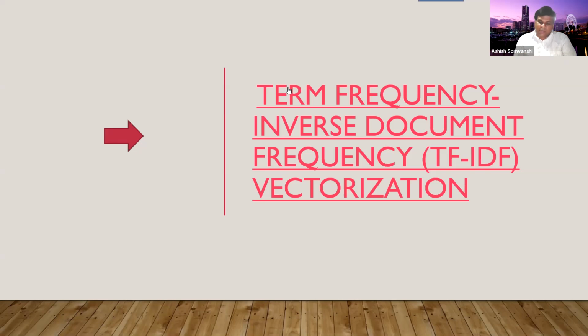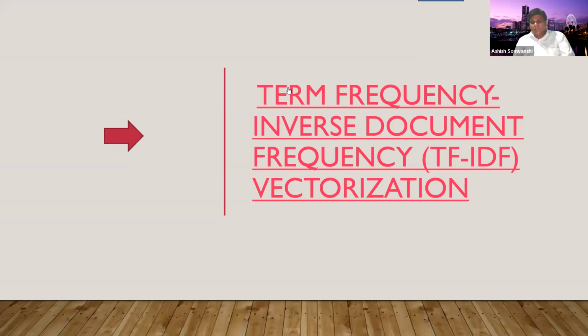That is one reason why we do text normalization and remove stop words, slang words, or whatever words we don't want to process, and give more importance to the important words.